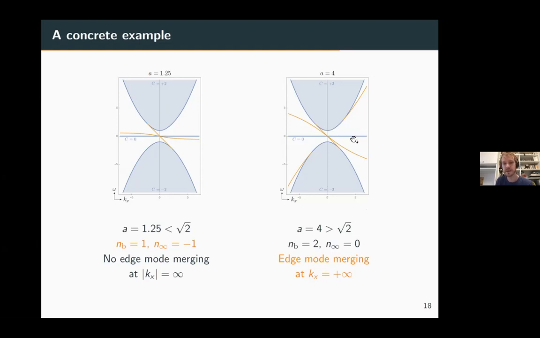But the analysis of the scattering amplitude tells you that this branch that seems to go away is actually going back and merges precisely with the bulk bands at infinity. And so it should be, in a sense, counted as some edge mode. So in that way the problem is also anomalous there, because we have, in a sense, 1, 2, and then plus or minus 1 at infinity.